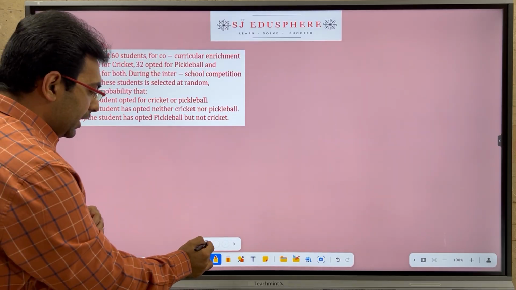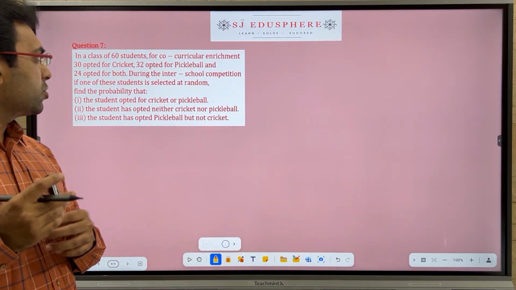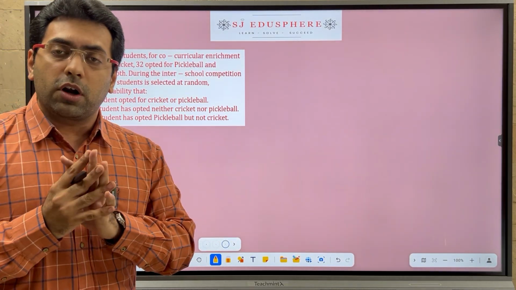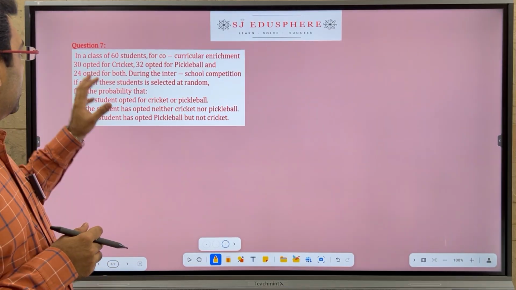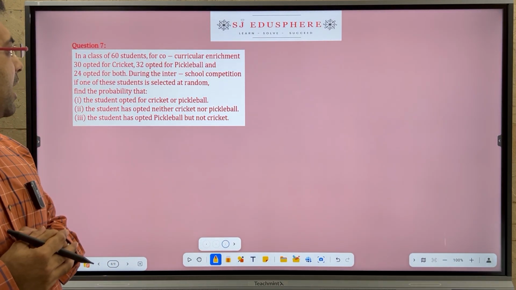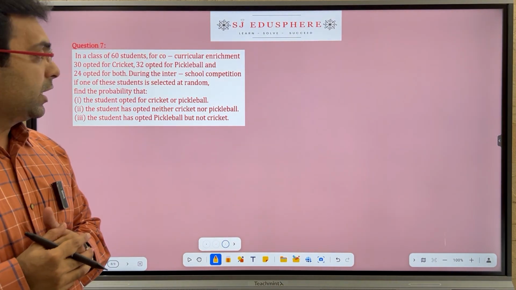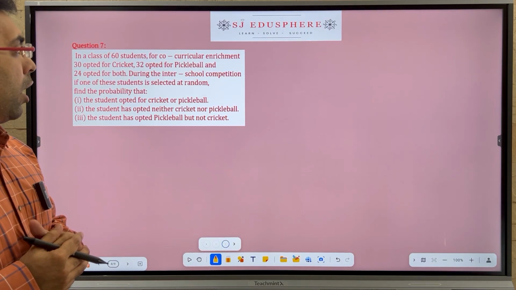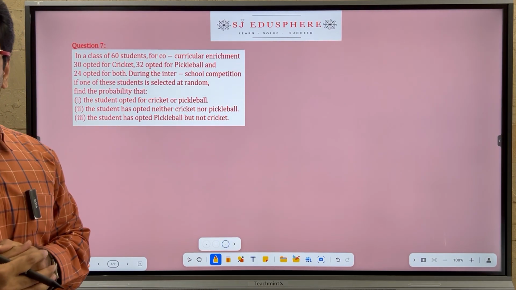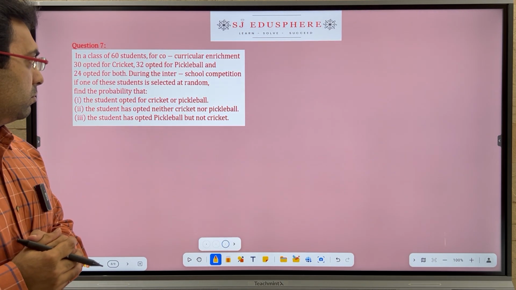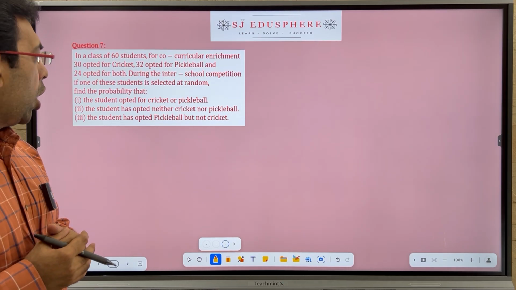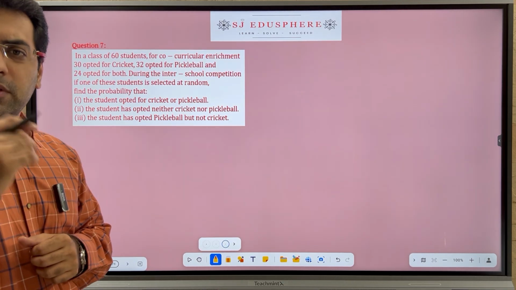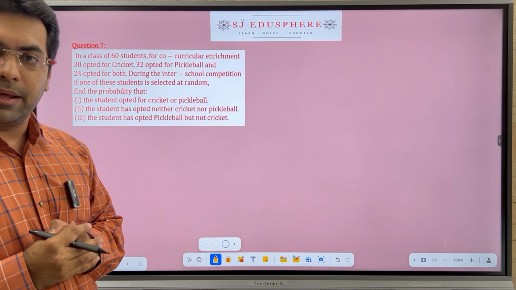Now, in your school there are 60 students in a class. For a co-curricular enrichment, 30 of your classmates have enrolled for cricket, 32 have enrolled for a pickleball game, and 24 have enrolled for both. During an inter-school competition, one of the classmates is selected at random.